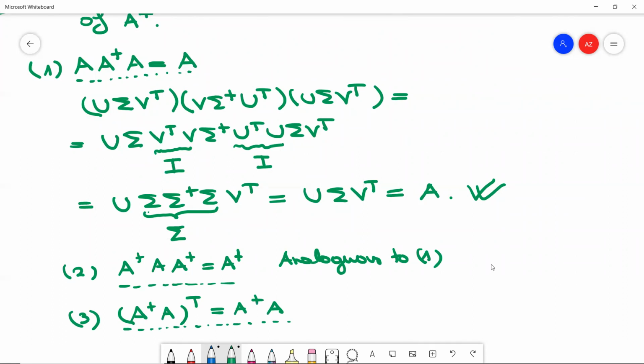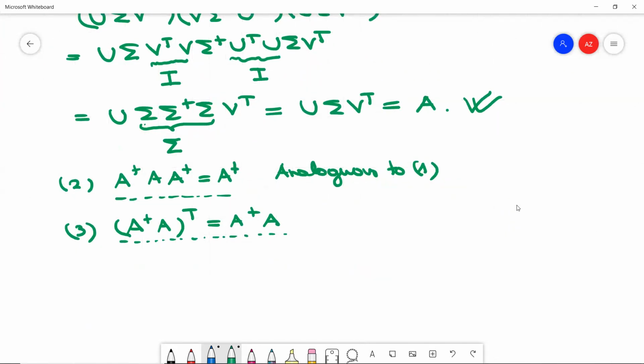Let's do this computation. So A plus A, I plug in A plus, which is V, then sigma plus U transpose, and here I plug in for A, U sigma V transpose, and transpose everything.